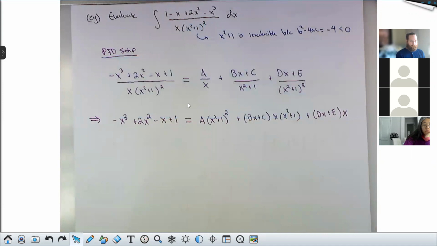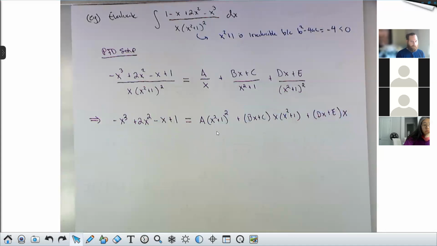So here's the setup after we clear out the denominators. And it's at this stage that we apply the Heaviside trick. Is there any number that is nice to plug into this? Well, this piece has a factor of x here. This piece has a factor of x here.